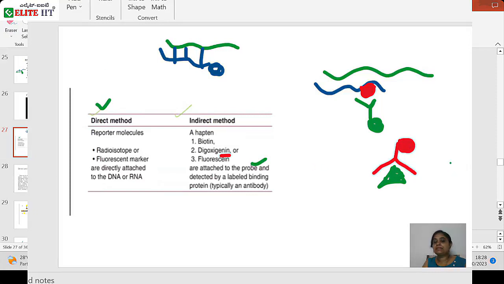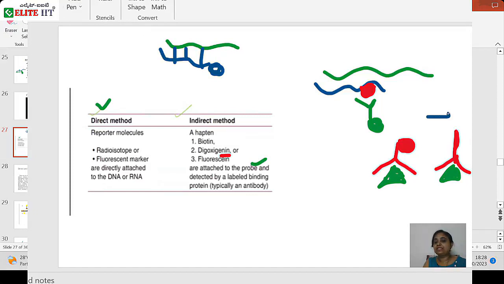Now in the indirect method, what is happening? This is the antigen you want to detect. Now against that, you have your primary antibody. Against the primary antibody, you have to use one secondary antibody.